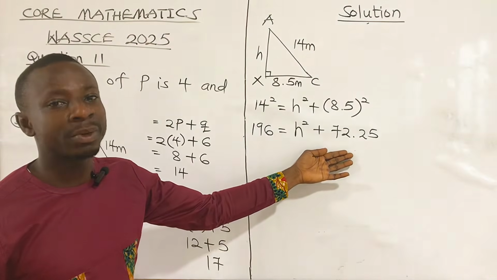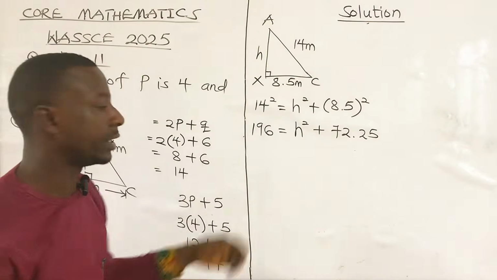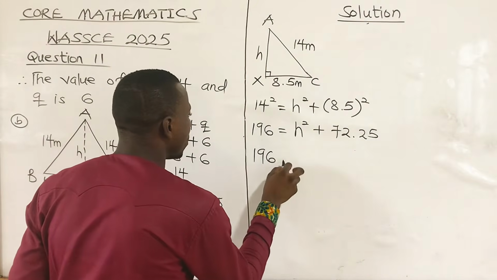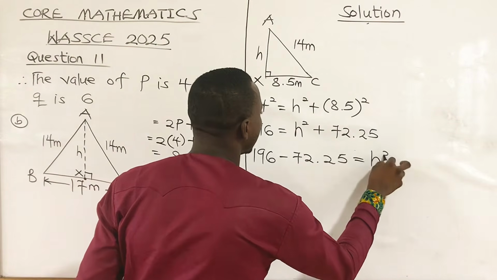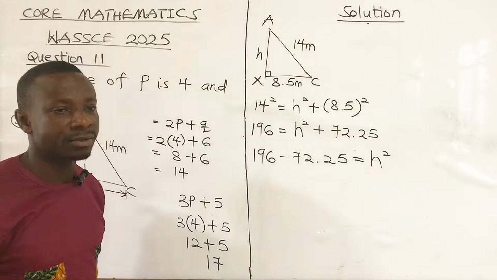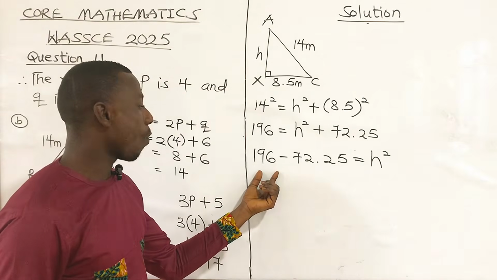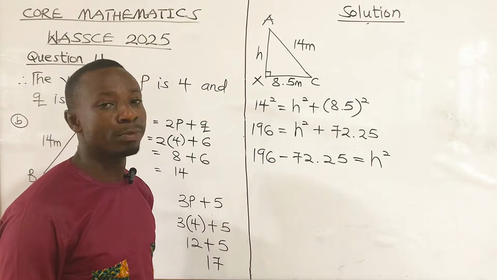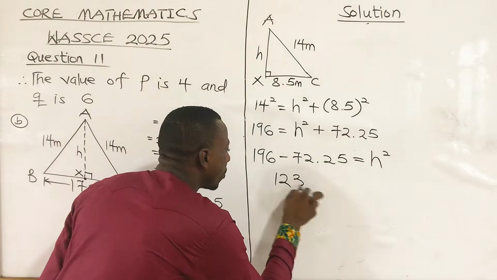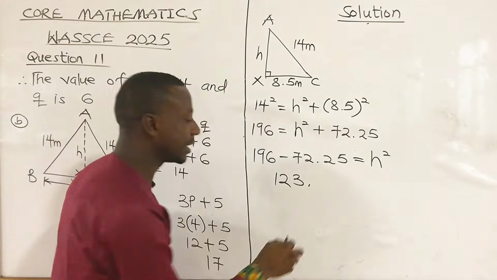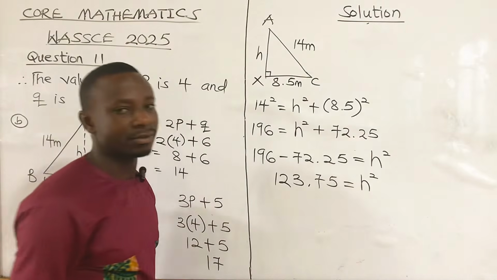So from here we are going to group like terms. I'll bring the 72.25 to this side. I have 196 minus 72.25, which is equal to h squared. So 196 minus 72.25, we are going to get 123.75, which is equal to h squared.